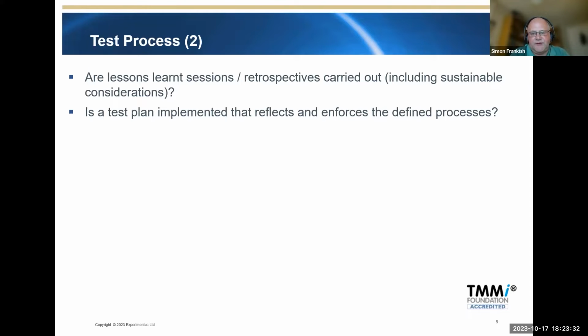That doesn't have to be the old-fashioned big Word document test plan, but it does imply that somebody is directing the way that testing is carried out within the team or project, and making sure that all that good stuff around sustainability actually happens, in a way that contributes towards the overall objectives of the test team and the organization as a whole.